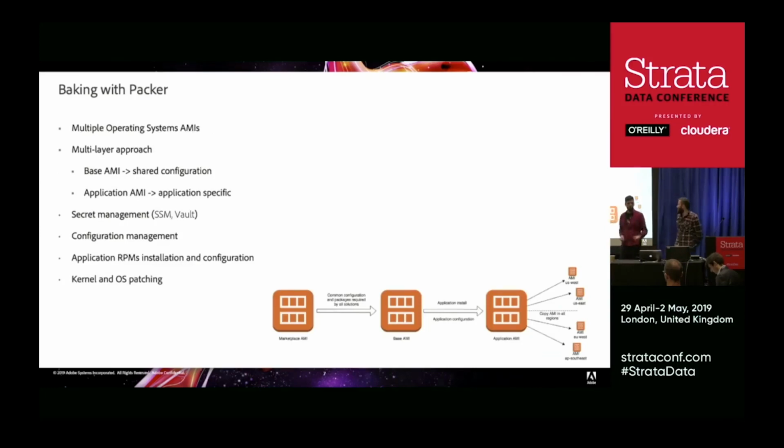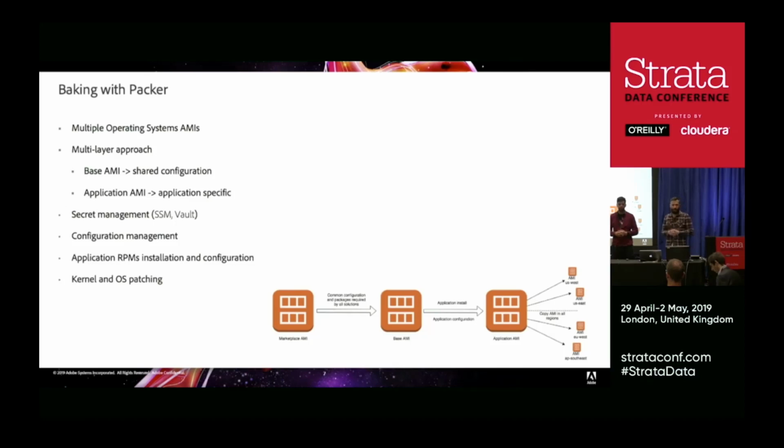OK, so Kosti mentioned that we basically adopted the immutable infrastructure concept, let's say. So for this, we had to start baking our AMIs. We chose a multi-layer approach. Basically, we started first building our base AMI. This image contains all the common software which is shared between servers.